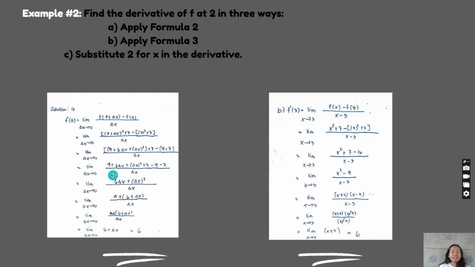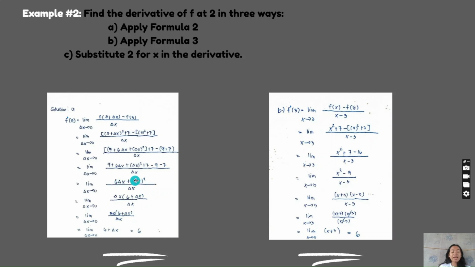To read it, it is 9 plus 6 delta x plus delta x squared plus 7 minus 9 minus 7 all over delta x. Since we have noticed plus 7 and minus 7, that is 0, so it will be cancelled. And negative 9 and 9 is 0. So the remaining terms are 6 delta x plus delta x squared all over delta x.